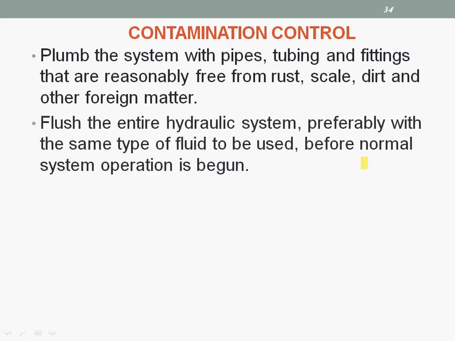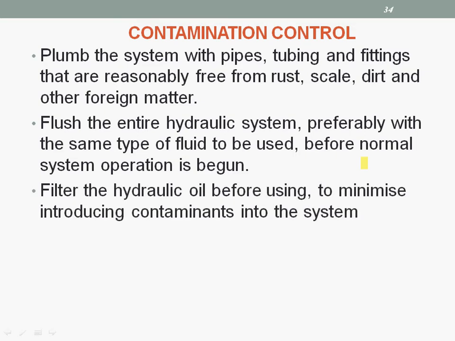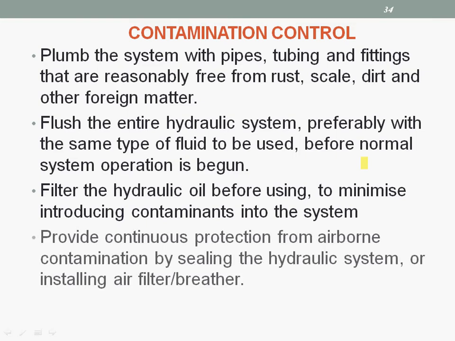Next, before operating the hydraulic system, we should flush the same hydraulic system with the oil we are using for the actual working. That is one more precaution. The next one is filtering the oil before using it to minimize the introduction of contaminants into the system from external sources.